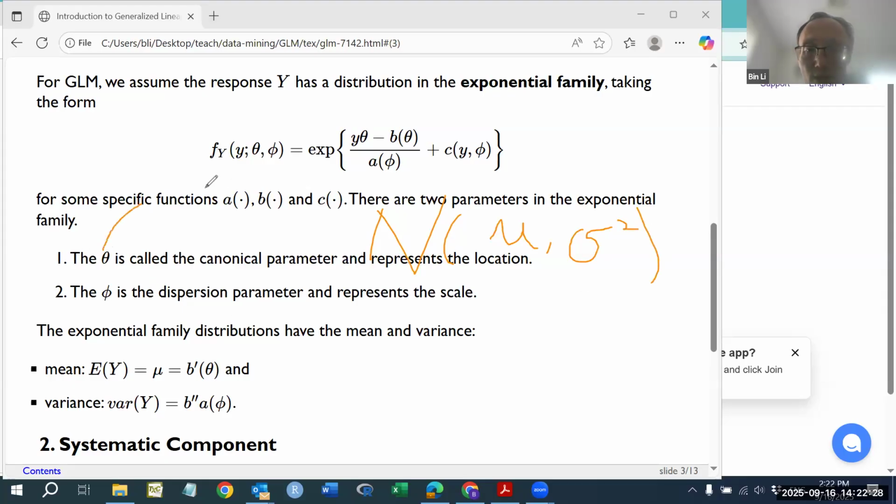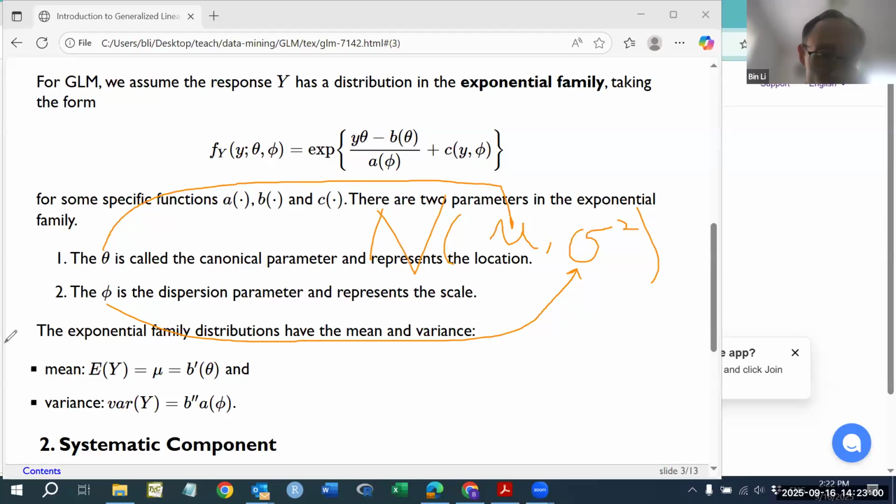You can consider theta as mu, the location, and psi as sigma squared, the dispersion parameter. That's true if y follows a normal distribution, but it's more general than that. That just gives you some idea of what theta and psi are here.